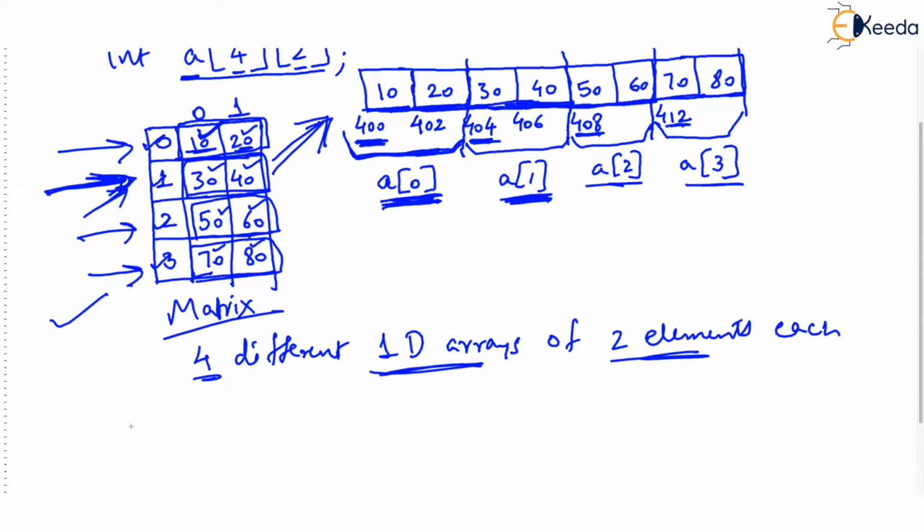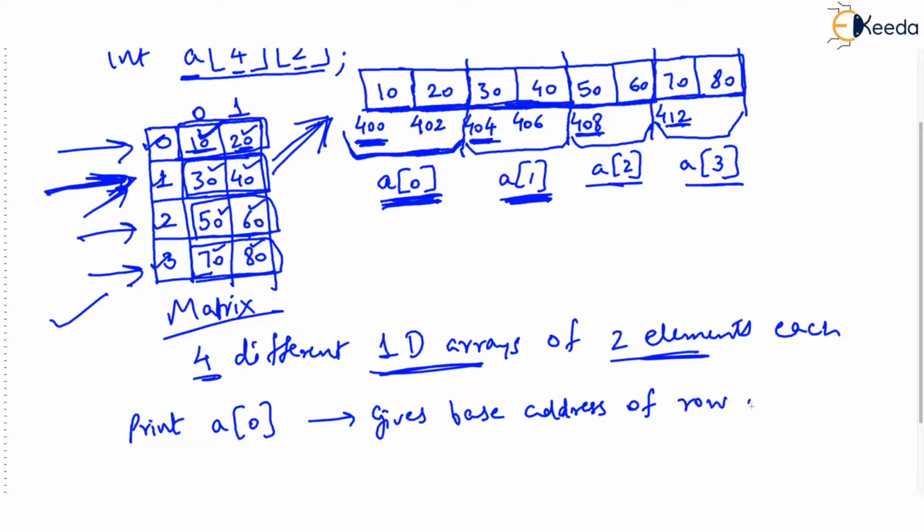First thing, what will happen if I write print A0? This gives the base address of row 0. So what will happen if I write print A1? This will give the base address of row 1.